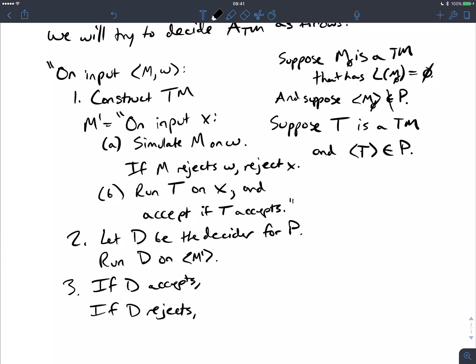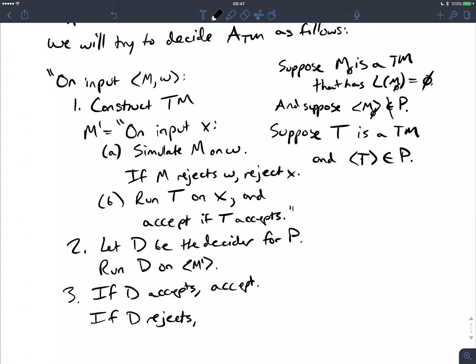Could it have run forever or rejected? No, because if it rejected, we would have rejected X at the beginning, and it wouldn't have behaved like T. If it ran forever, then it wouldn't have accepted anything either. So what must M have done on input W? Accepted. So my supposed decider for ATM, what am I supposed to say to it? Accept. So I say accept.